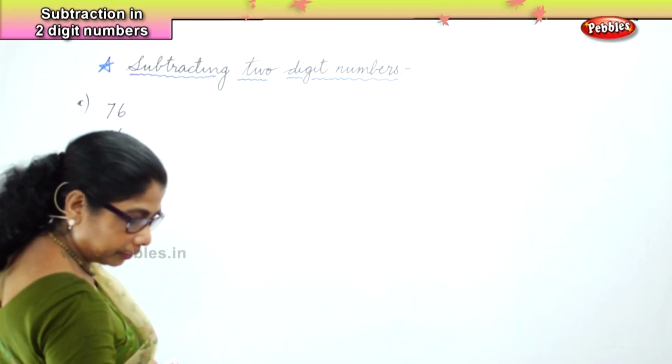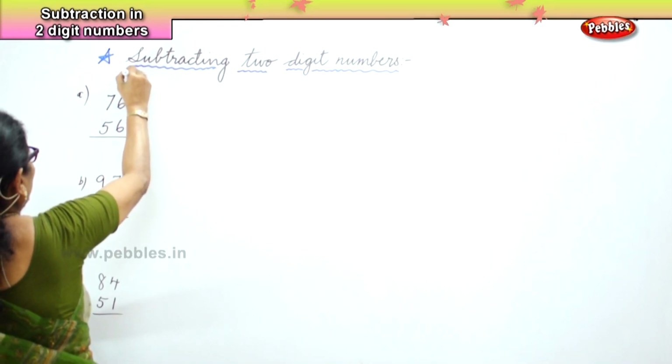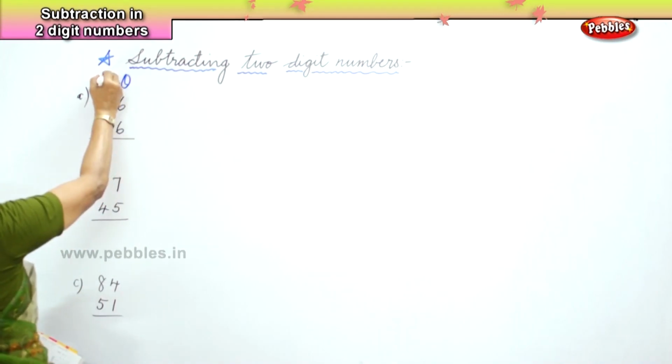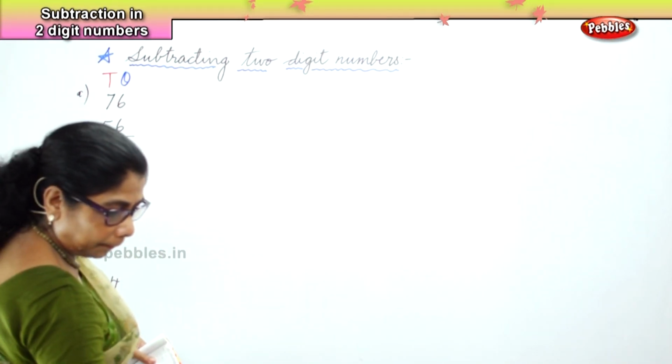Okay? Now, you need to write on the top ones, tens. So we're doing two-digit first and then we go on.